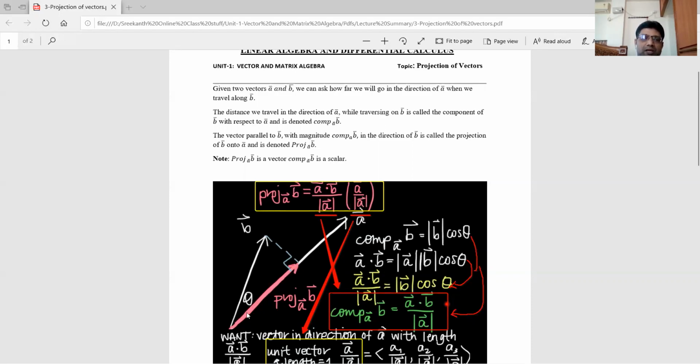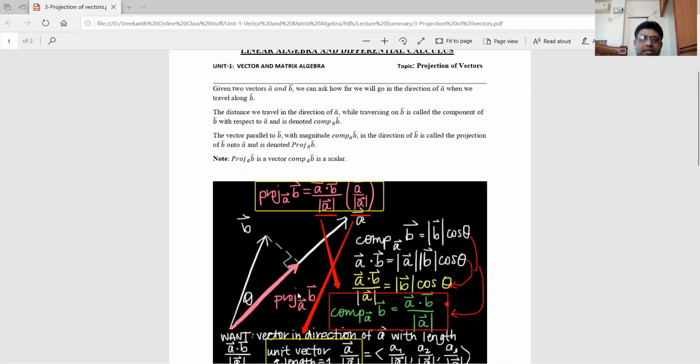Now, if I want a vector parallel to this A bar with this magnitude, component of B bar on A bar, in the direction of A bar, it is called the projection of B bar onto A bar.